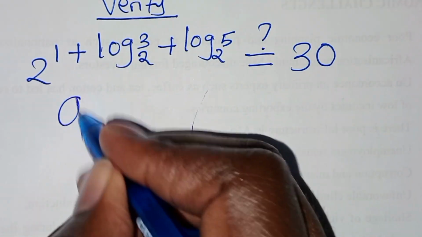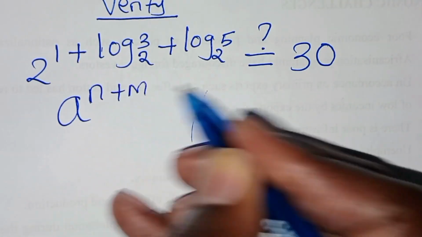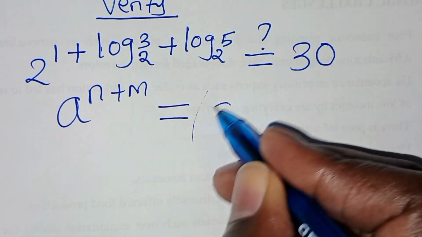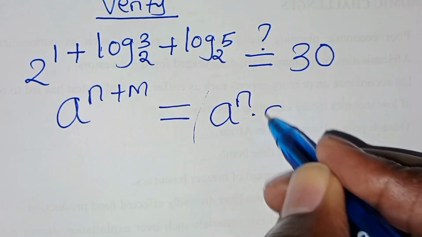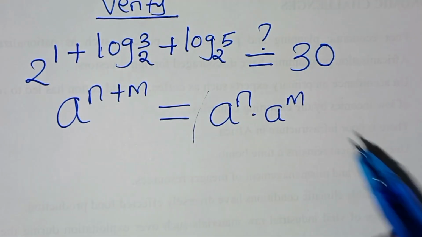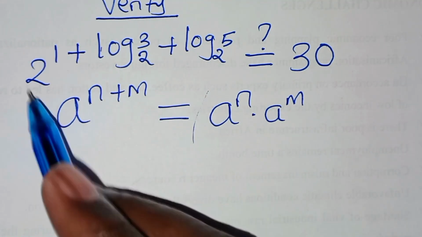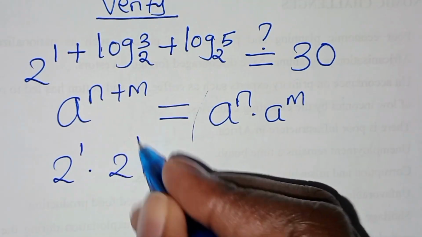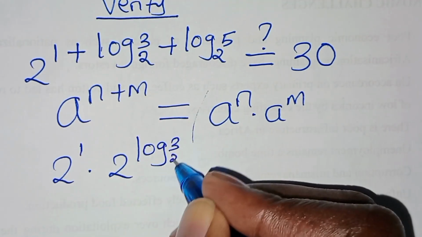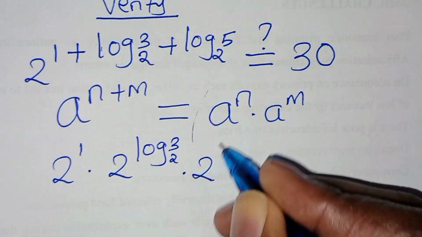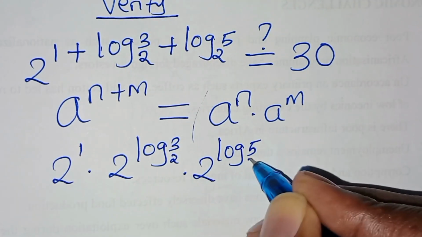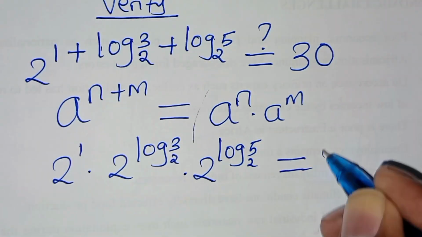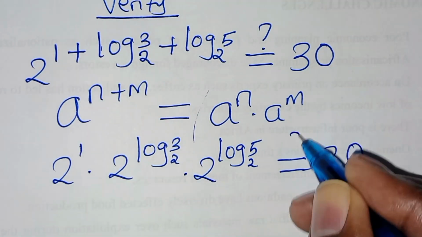This is in the form of a to power n plus m, which we can express as a to power n times a to power m. Applying this exponent property, you will have 2 to power 1 times 2 to power log 3 to base 2 times 2 to power log 5 to base 2. This should give us a value of 30.